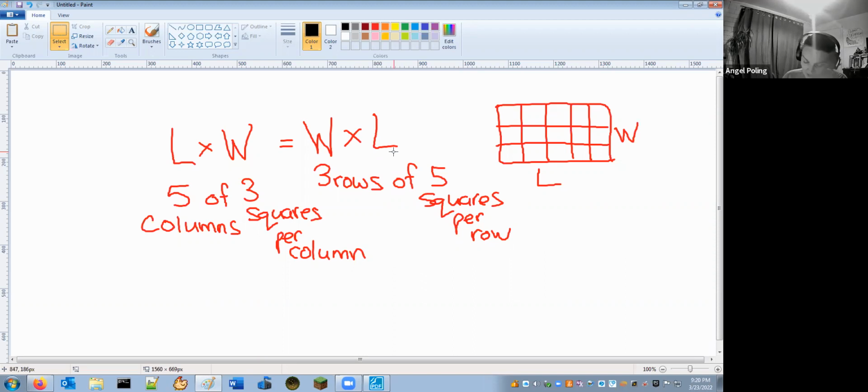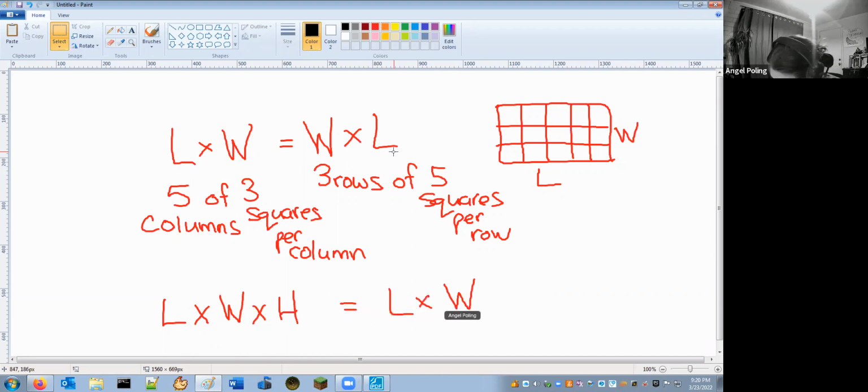And a place we see the associative property then is with volume, length times width times height.